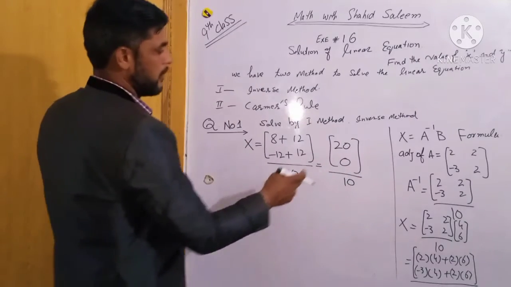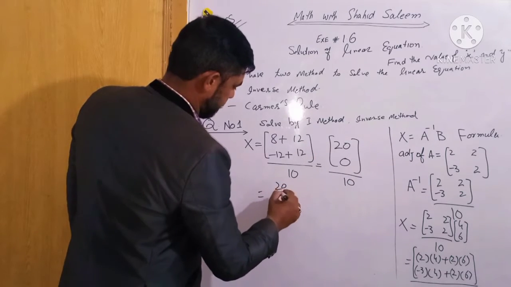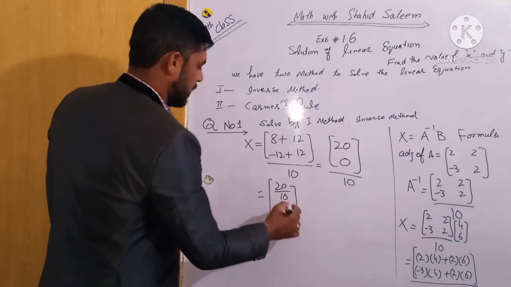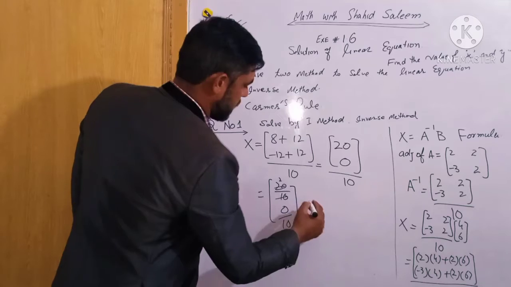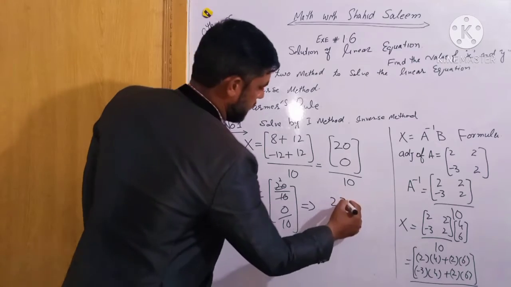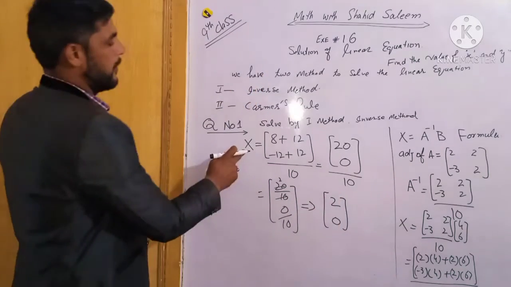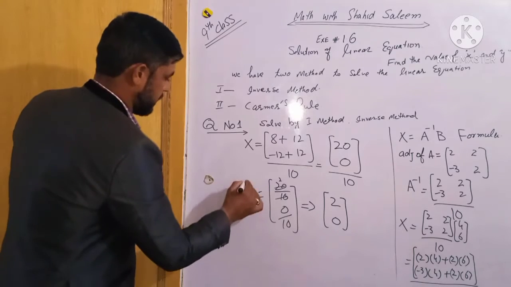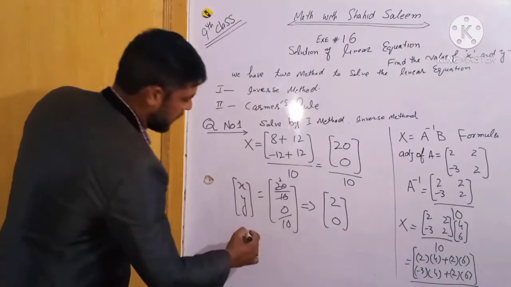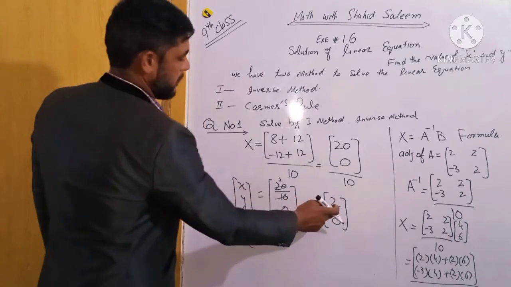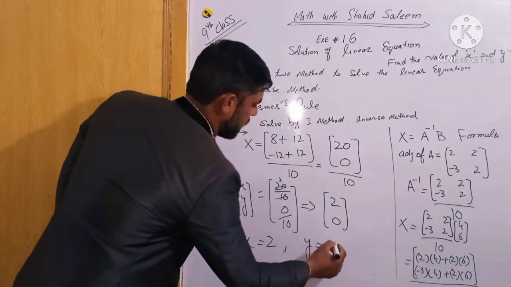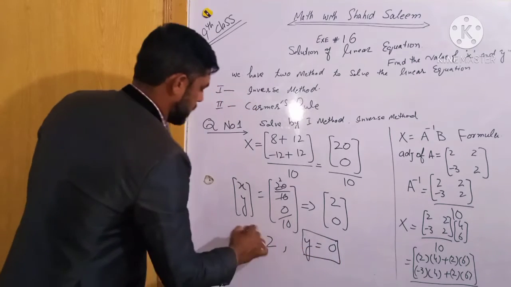Now we put 20 over 10 and also 0 over 10. 20 over 10 is equal to 2, and 0 over 10 equals 0. Here the value of X is the matrix of x and y. Comparing these two matrices, x equals 2 and y equals 0, which is the required answer of the given question.